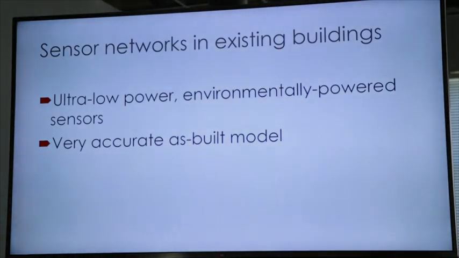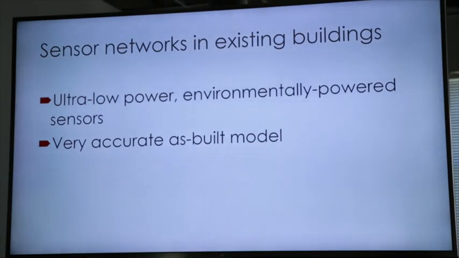And one of the things that we've actually also been talking to some other researchers about is putting in a sensor network in this building and some others that would be using very low-powered sensors that can actually be powered by energy in the environment.